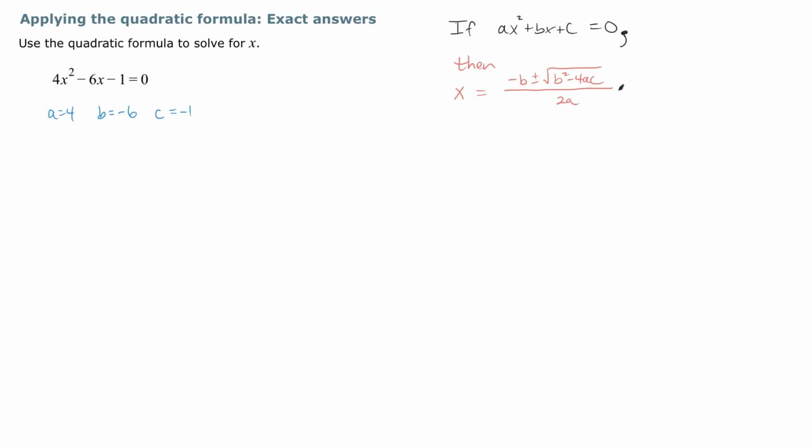Let's plug it into the formula. X is equal to the opposite of b plus or minus the square root of the quantity negative 6 squared minus 4 times 4 times negative 1 all over 2 times 4.